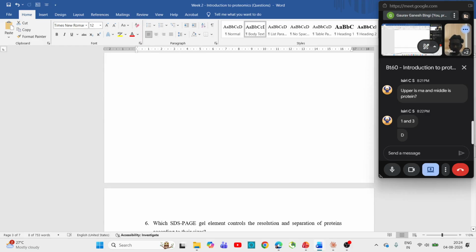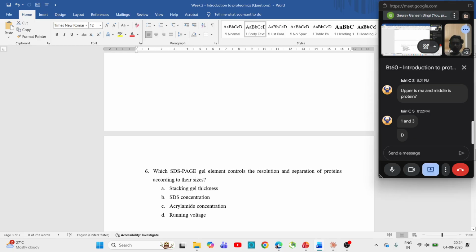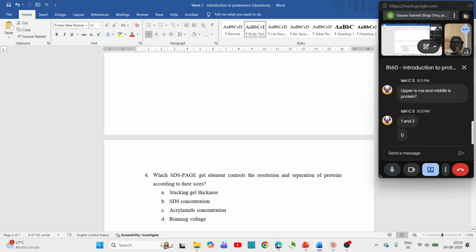Okay. In terms of SDS gel, which element controls the resolution and separation of protein according to their sizes?